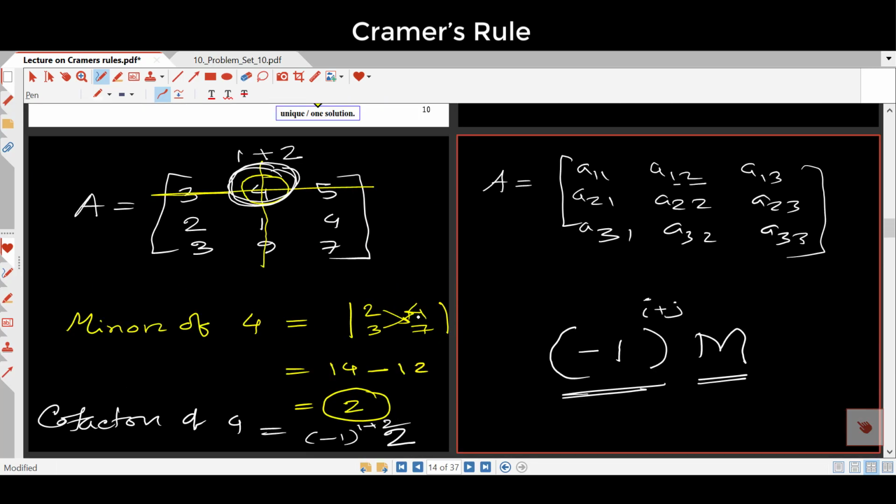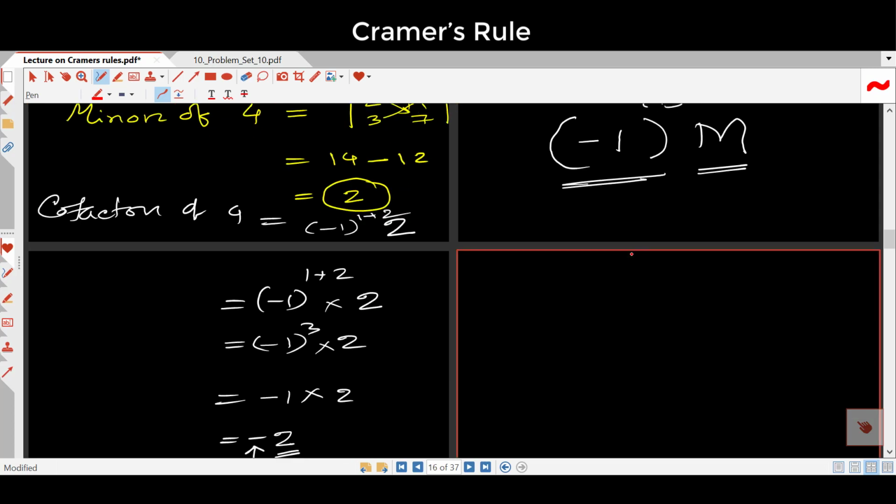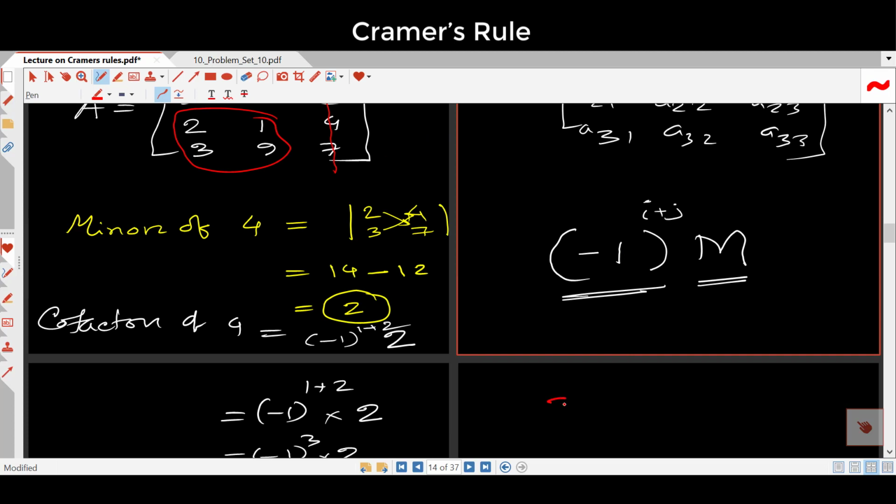So suppose now we have to find the minor and cofactor of, let's say, any random entry 5. What is the minor of 5? That can be found this way. We have to cancel its corresponding row and corresponding column. What remains is only 2, 3, 1, 9. So you have to find its determinant.